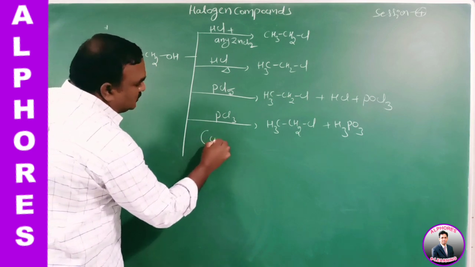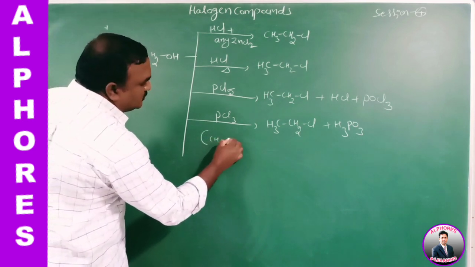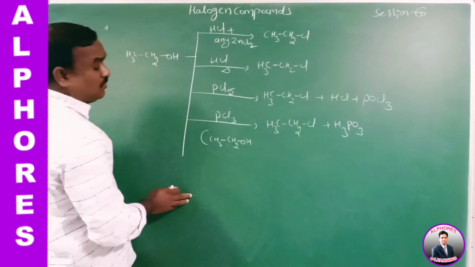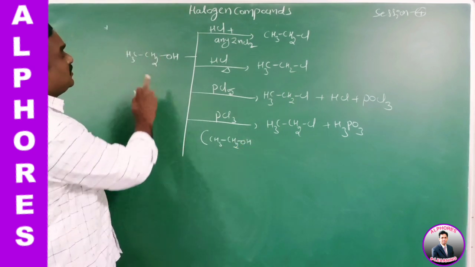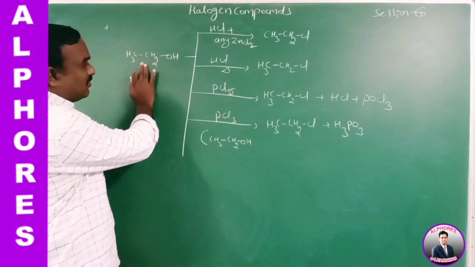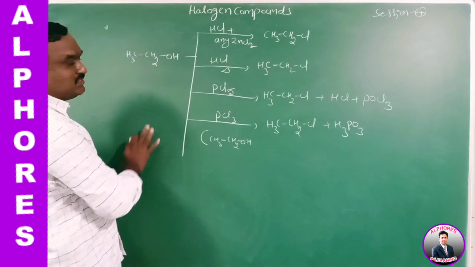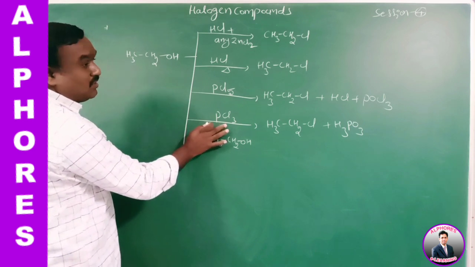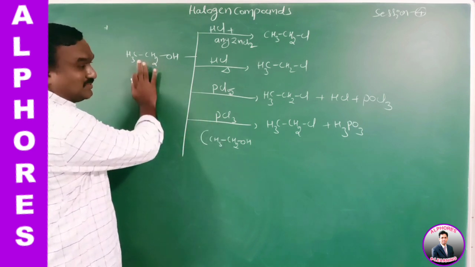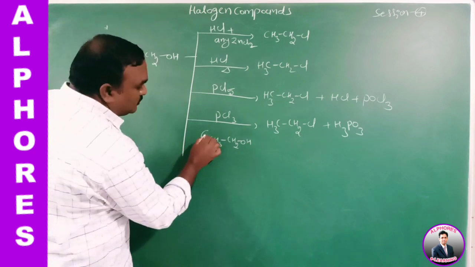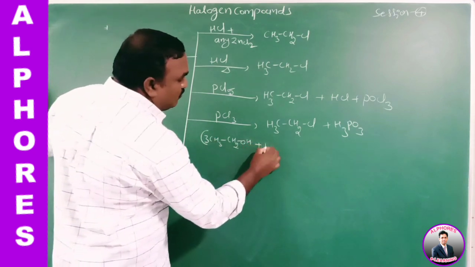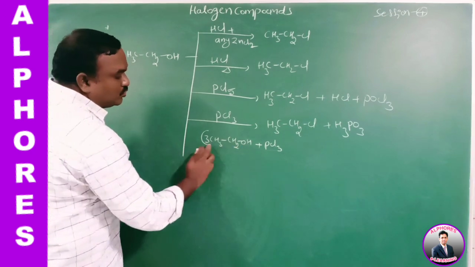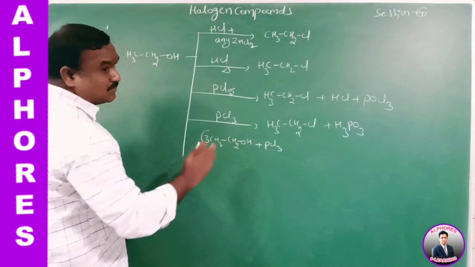Then how to write it? Here CH3CH2OH. How many moles are required? 3 moles of alcohol are required in this case. That means whenever alcohol reacts with phosphorus trichloride, 3 moles of alcohol are required. So 3 moles plus 1 mole of phosphorus trichloride. Now how many OH groups? 3 OH groups.